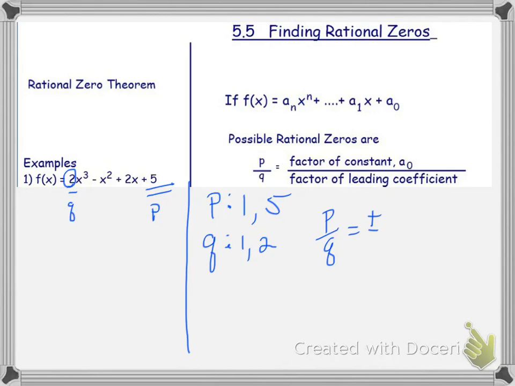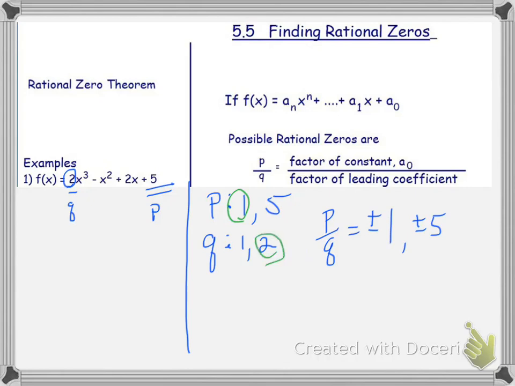So for this one, I have first is 1 over 1, which is 1, so that's plus or minus 1, plus or minus 5 over 1, which is plus or minus 5. Then I go to my next one, 1 over 2.